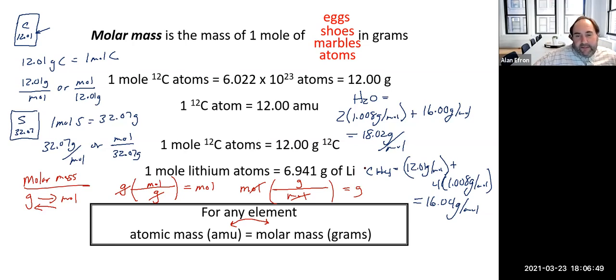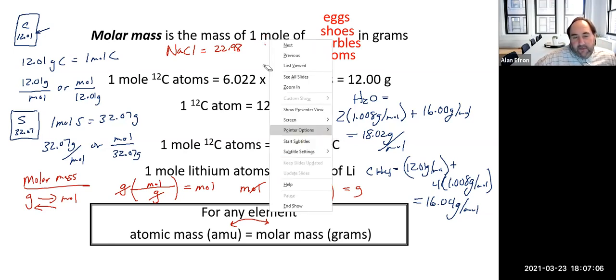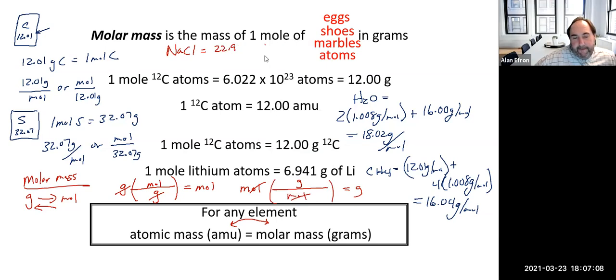Now, I think we'll see it maybe in here as well. We could get the molar mass of, say, something like sodium chloride, which would be sodium at 22.99 grams per mole, plus our chlorine, which is 35.45 grams per mole.